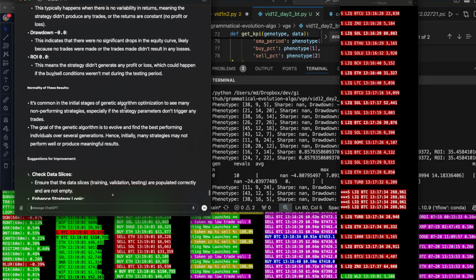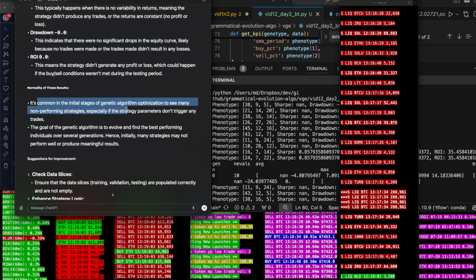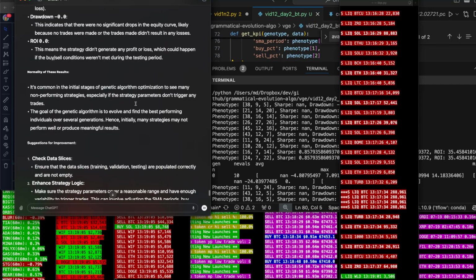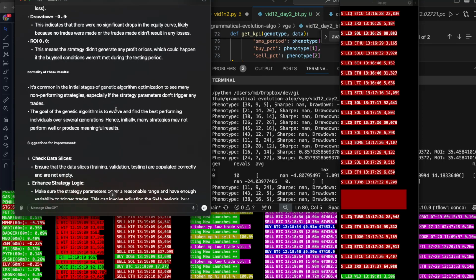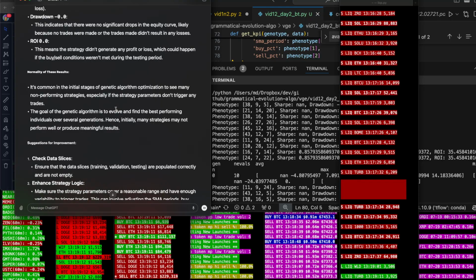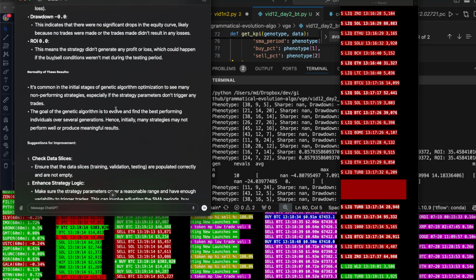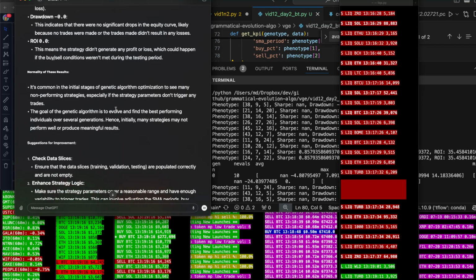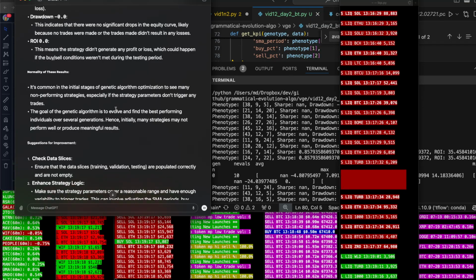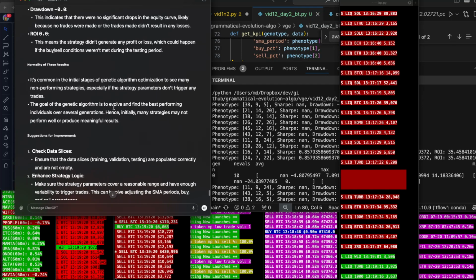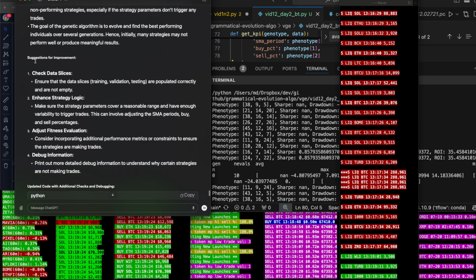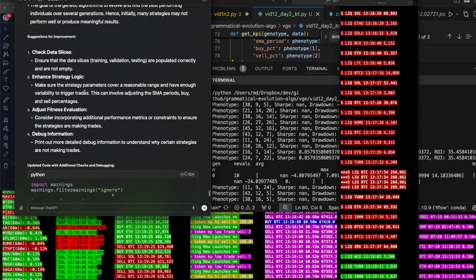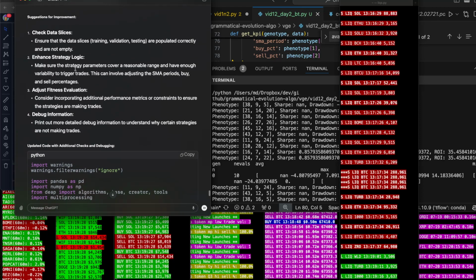Okay, ROI 0.0. It's common in the initial stage of genetic algorithm optimization to see many non-performing strategies, especially if the strategy parameters don't trigger any trades. The goal of the genetic algorithm is to evolve and find the best performing individuals over several generations. Hence, initially, many strategies may not perform well or produce meaningful results. Check data slices: ensure the training, validation, and testing slices are populated correctly.